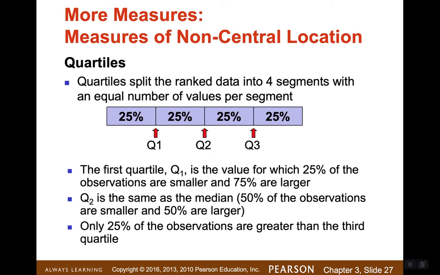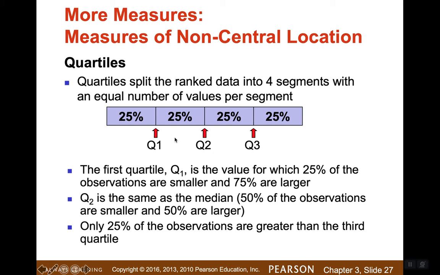For quartile 1, 25% of the observations are smaller, and 75% are larger. Quartile 2 is the same as the median. So 50% of all observations are smaller, and 50% are larger.